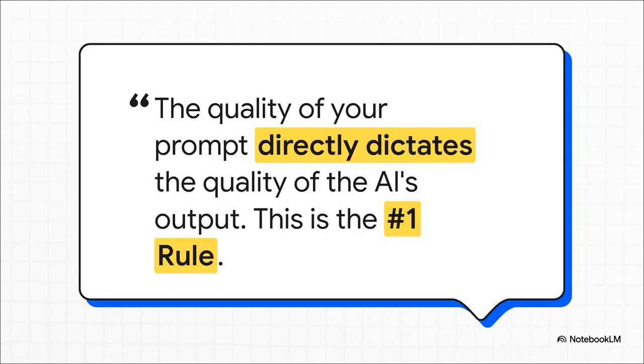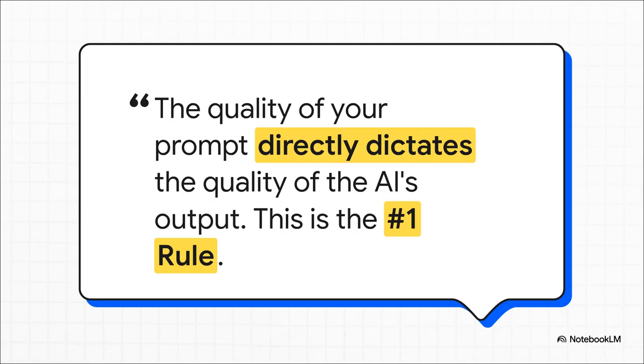But if you only remember one thing, one single thing from all of this, please let it be this. It's the most important rule in this new age of AI. The quality of your prompt, directly, one-to-one, dictates the quality of the AI's output. A lazy prompt gets you a lazy, useless answer. A brilliant, detailed, thoughtful prompt gets you a brilliant, detailed, amazing result.